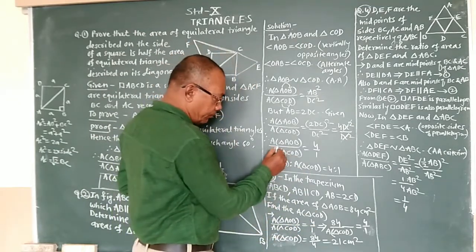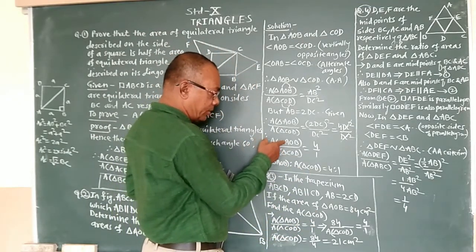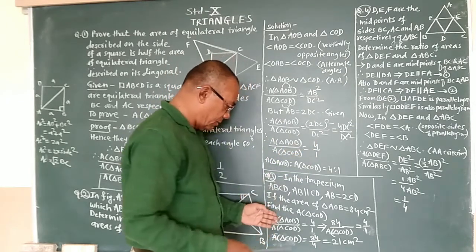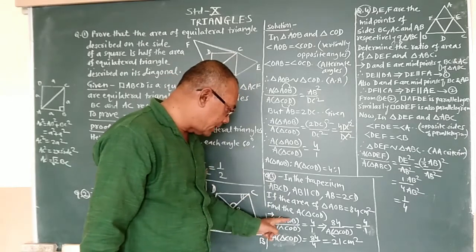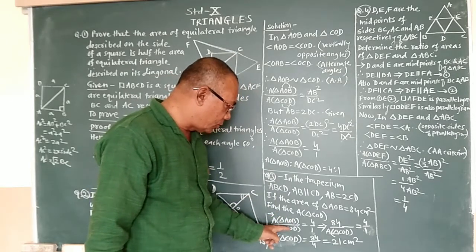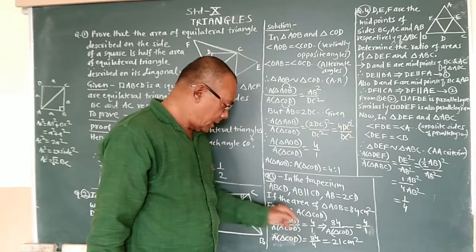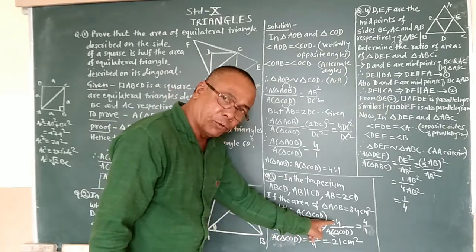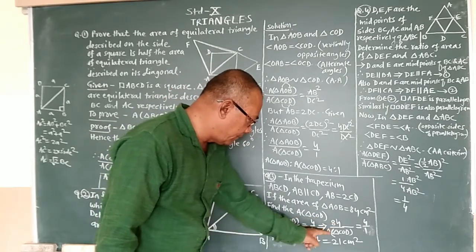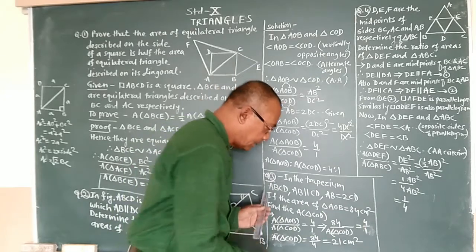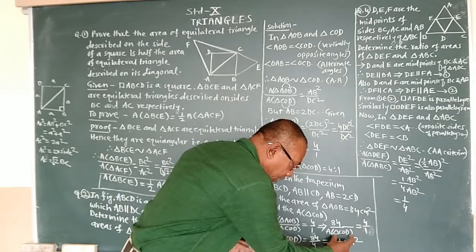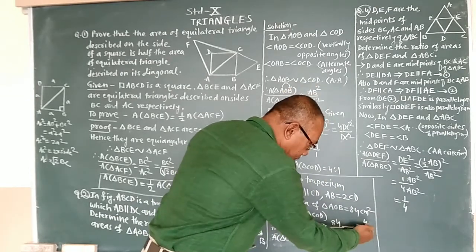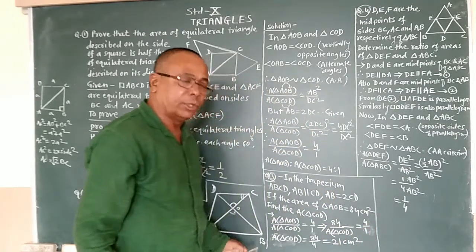Now from the above equation, area of triangle AOB upon area of triangle COD is equal to 4 upon 1. Substituting the value of area of triangle AOB, that is 84 divided by area of triangle COD is equal to 4 upon 1. Now COD we will transpose to the numerator, and 4 will go to the denominator.